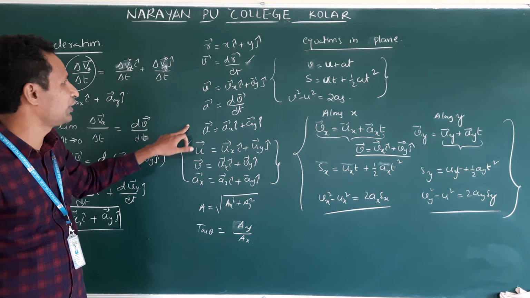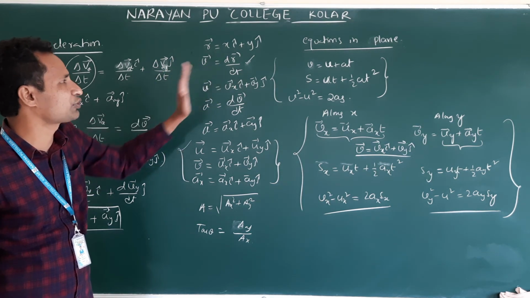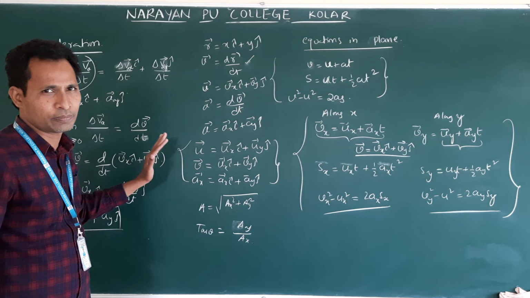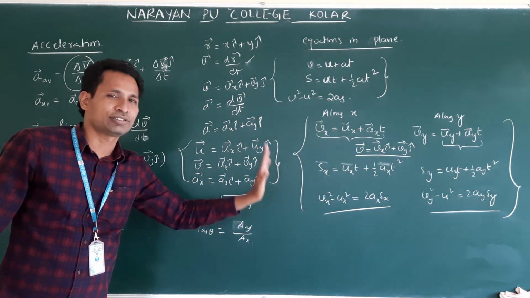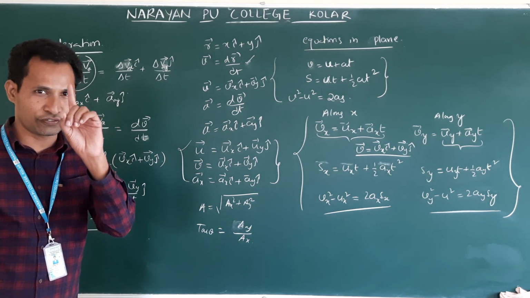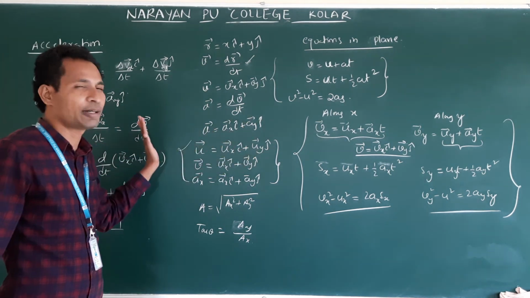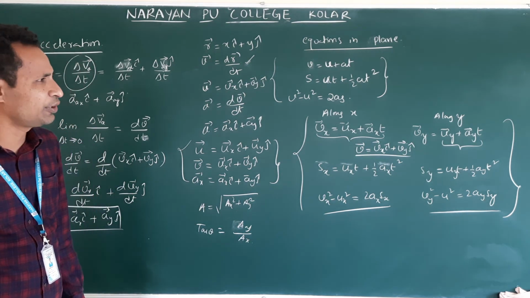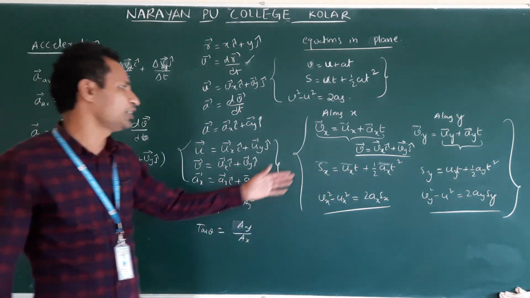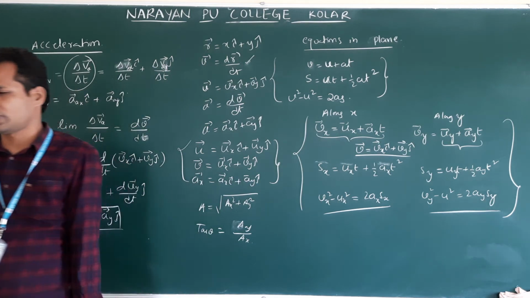Clear? The same definitions we have written. Definitions are also the same, equations are also the same, but we have written in vector form and in 2 directions. Because of direction only, all this comes into play. Understand? Without direction we cannot understand motion in a plane. Please make a note of these equations.